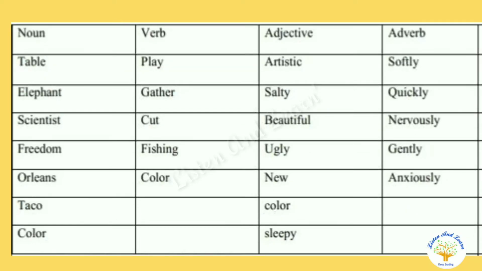Noun. All these naming words like table, elephant, scientist, freedom, Orlean, taco, color. Okay. Action words play, gather, cut, fishing, color are in verb category. Describing words like artistic, salty, beautiful, ugly, new, sleepy are in adjective category.